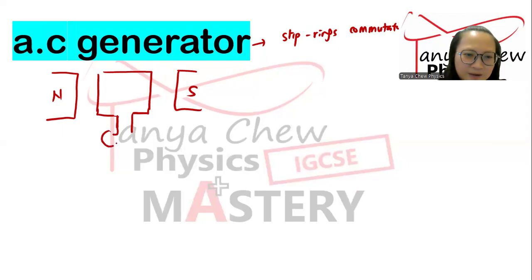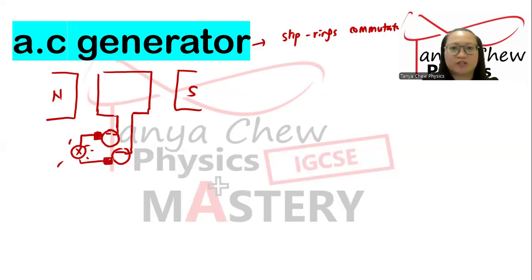Okay, one end is connected to this ring and the other to the other one. And then normally we connect a light bulb here to see whether the light bulb is lighting up. This is the carbon brush. The function of the carbon brush is to act as the circuit completer to connect the slip rings and the light bulb or filament.